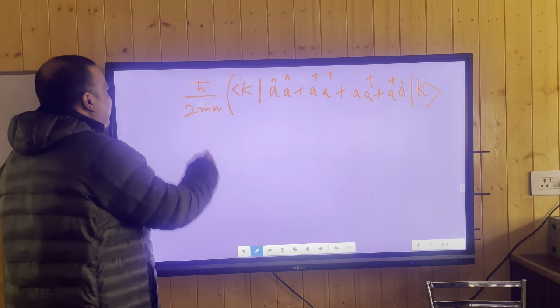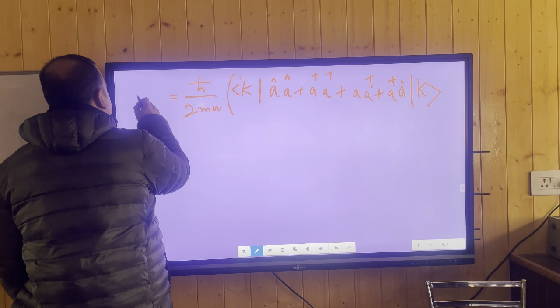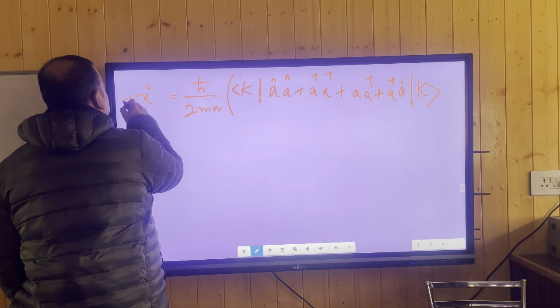And using the property of brackets, this is what we are calculating here basically.